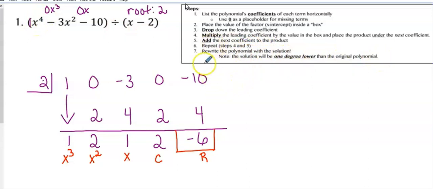Okay, so here's my answer. I go from left to right, 1x cubed, or just x cubed, plus 2x squared, plus 1x, and I can just write x, plus 2.